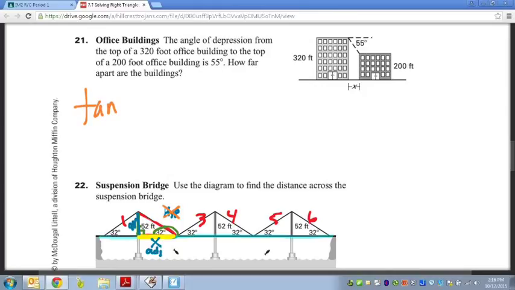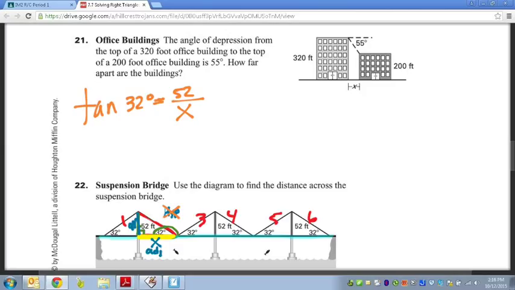So tangent of 32 degrees equals opposite, which we know is 52, over adjacent, which we don't know yet. All right, I'm going to need my fancy button pusher here because I need to change tangent 32 degrees to a decimal.